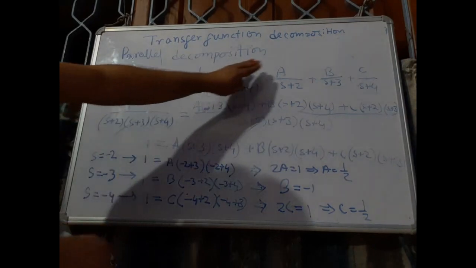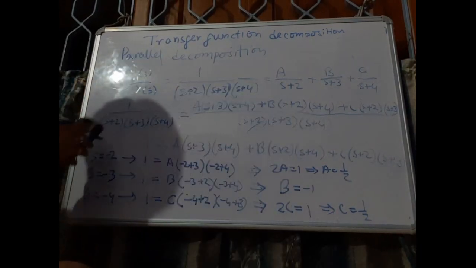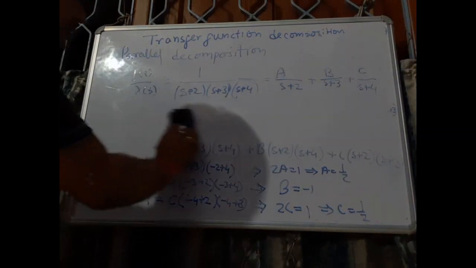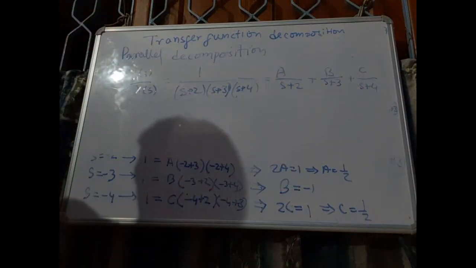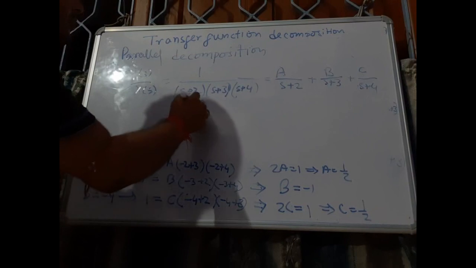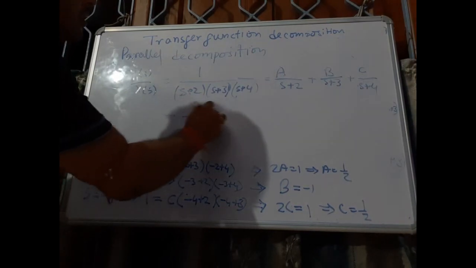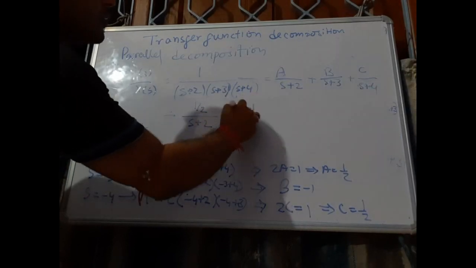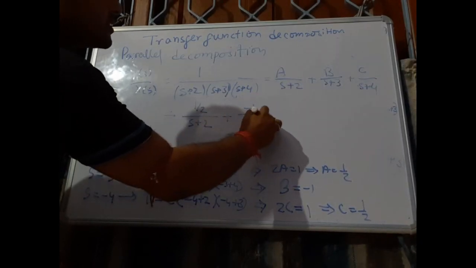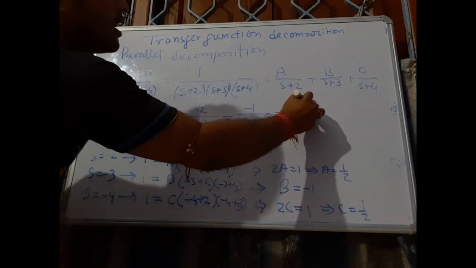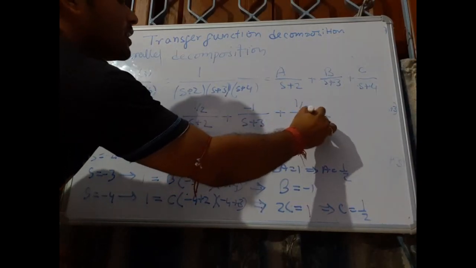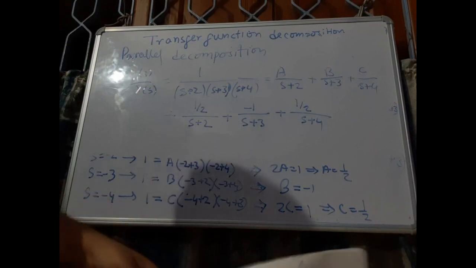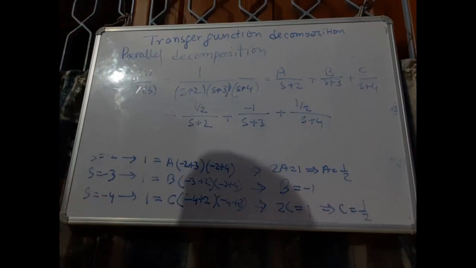So these things can be written as, if I just erase this part, what we have is half divided by s plus 2, plus minus 1 divided by s plus 3, plus half divided by s plus 4. Now we have to draw the signal flow diagram from this transfer function, right?